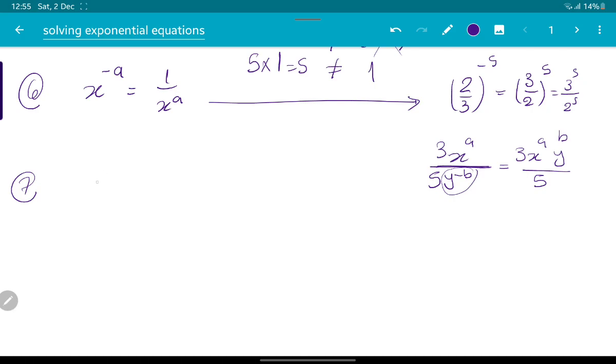Number 7, if we have a radical expression like the b-th root of x power a, we will divide a over b. For example, if we have the fifth root of x power 3, we will rewrite this as an exponential expression. This will be x power 3 over 5.